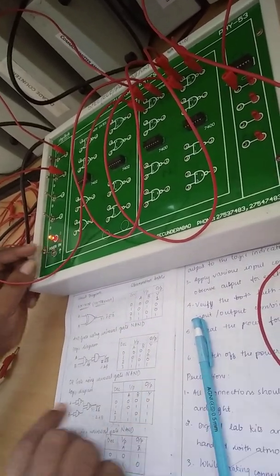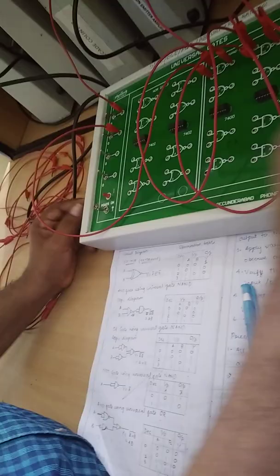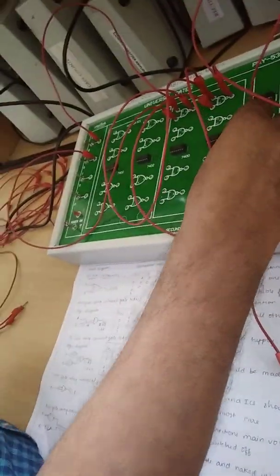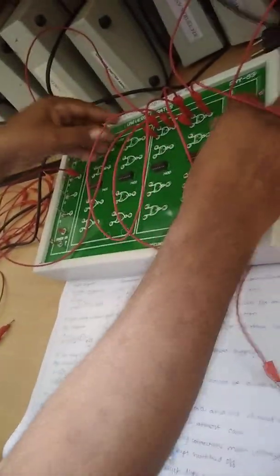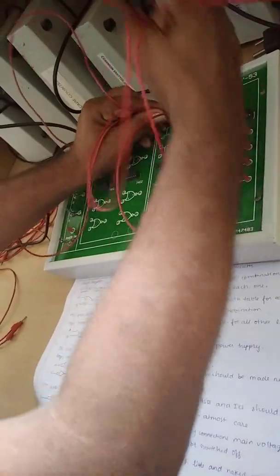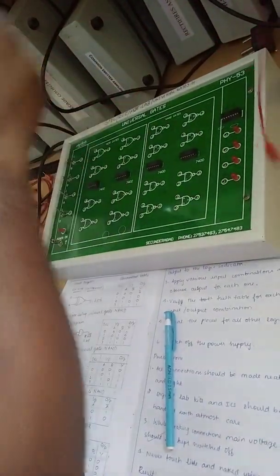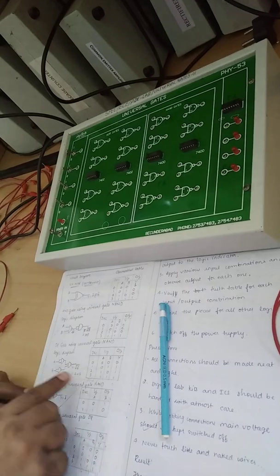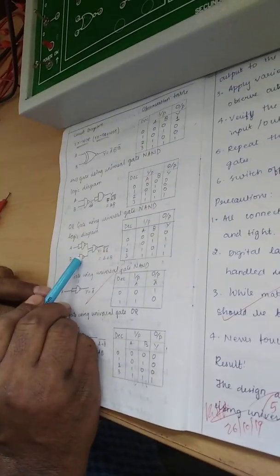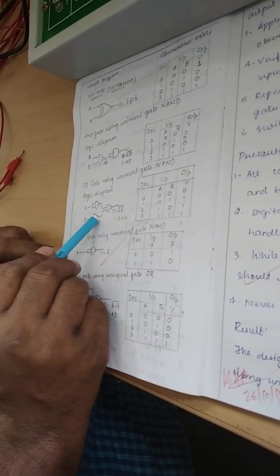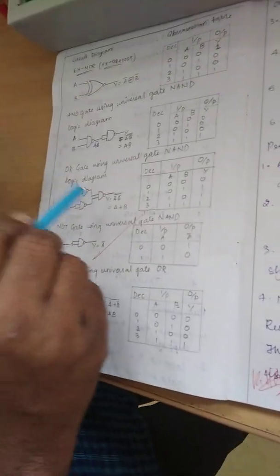Next one, OR gate using the NAND gate. So once again give connection. Please all of you see this one. This is the OR gate circuit diagram. According to the circuit diagram, I give the connection.